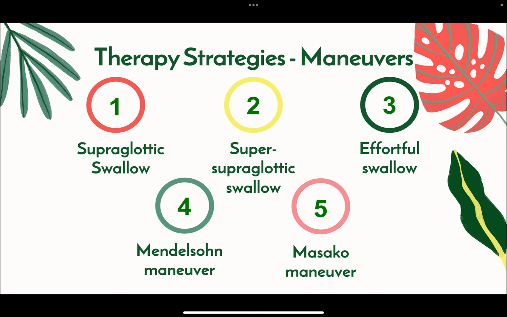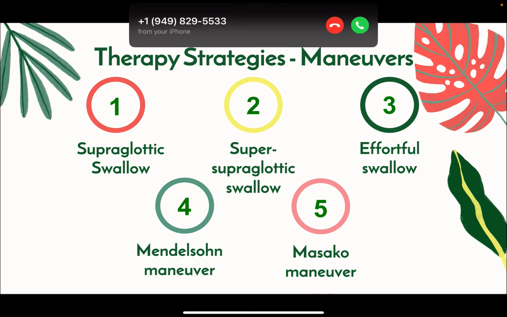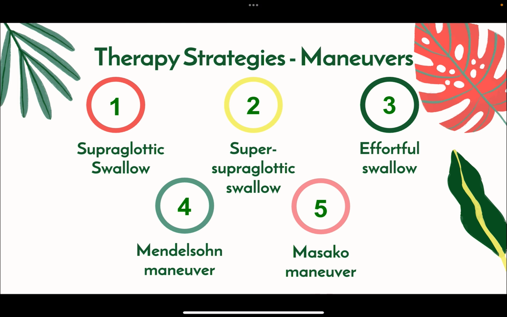The Mendelsohn maneuver. On this one, the patient will place their hand on their throat to feel their laryngeal elevation. So when you are swallowing, you do want to have that laryngeal elevation. So you're going to hold the larynx up before you swallow. This one's pretty tricky. This one's actually really hard.